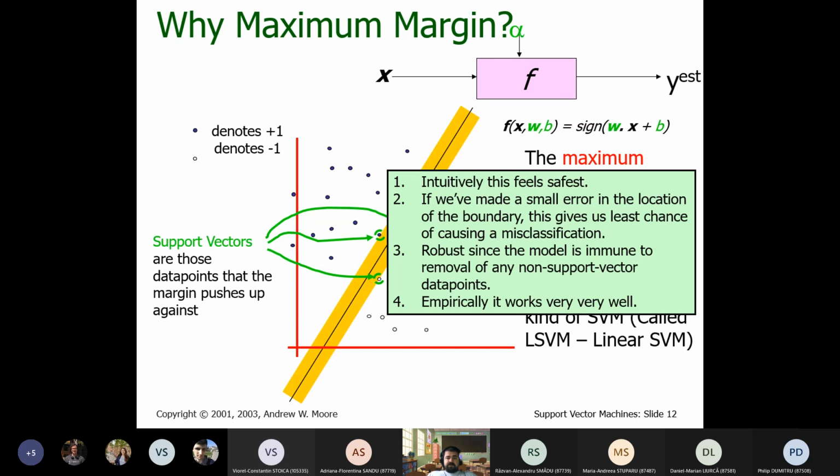Why do we use maximum margin? Well, there are a couple of reasons. First of all, it feels the safest, because if we make some small errors in the position or the offset of this classifier, enlarging this margin will give me some buffer, let's say. If the instance would be somewhere here, I will still consider it greater than 0, so I will evaluate this point as being from the positive class.